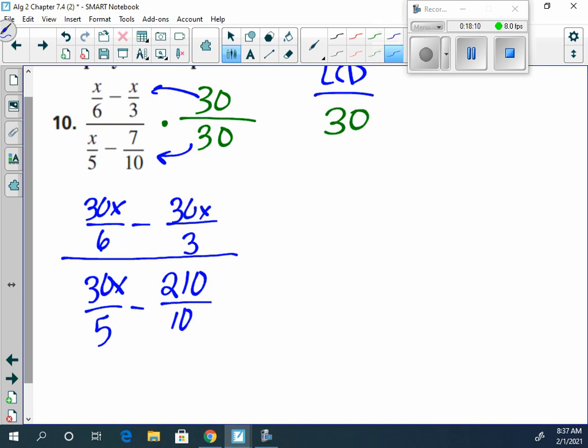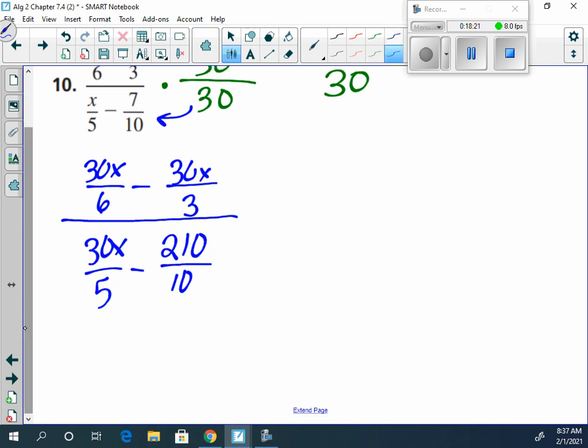Mm-hmm. You're good. Denominators on bottom and top, the exact what they are, so 5 times 6 is 30. 5 times 6 and 3 times 10.